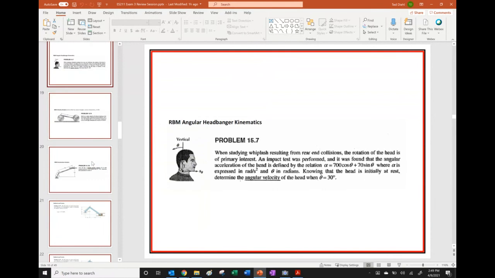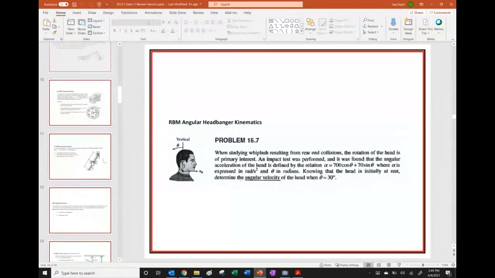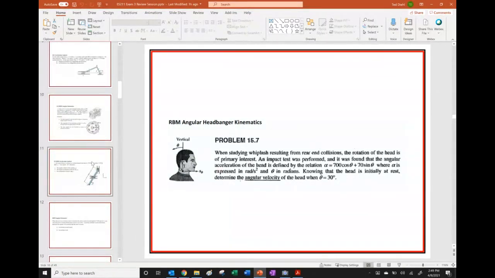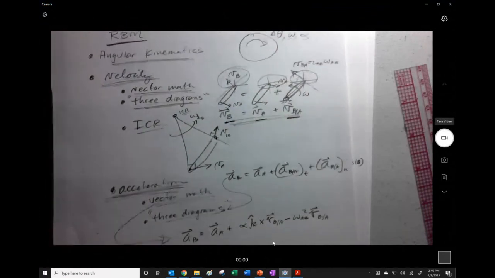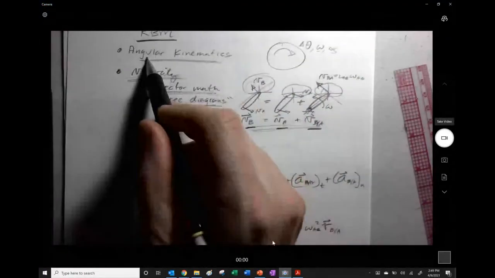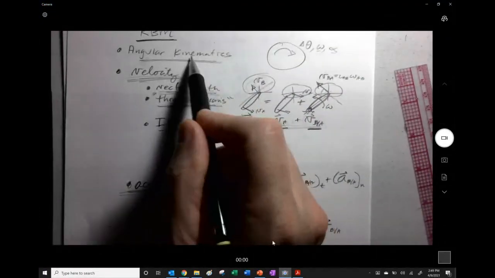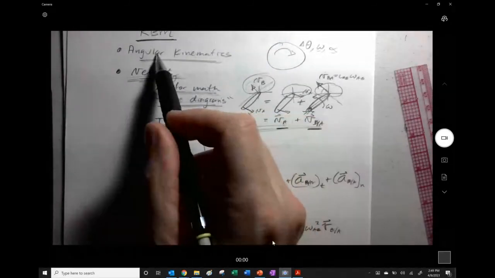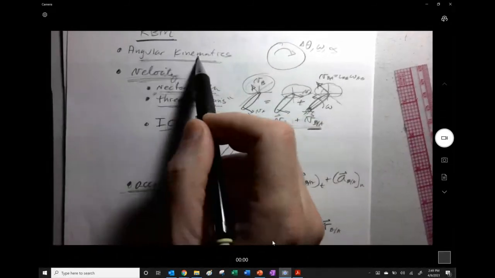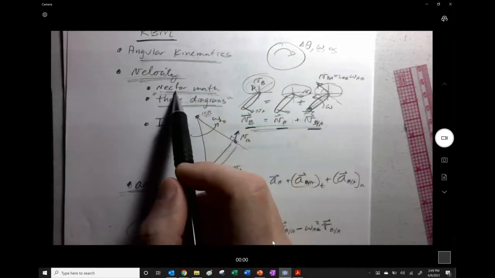What types of problems will appear from older exams? Well, for the most part, the list of things we'll look for is angular kinematics, not necessarily angular velocity. We just did angular acceleration, but these are similar to the problem you just did.